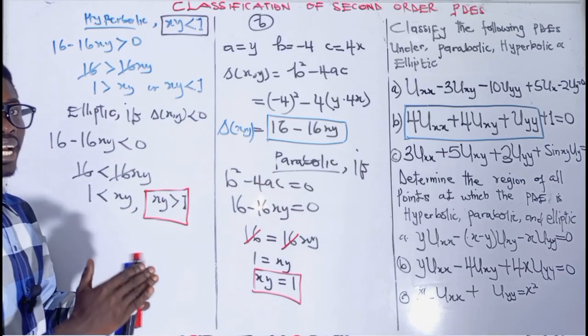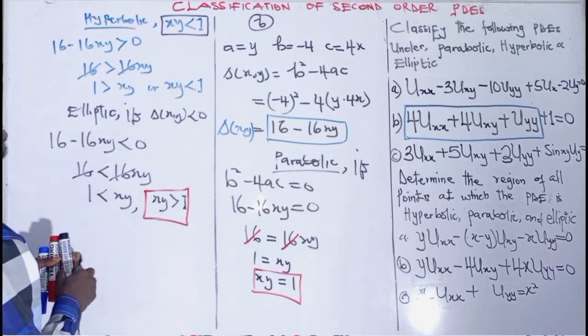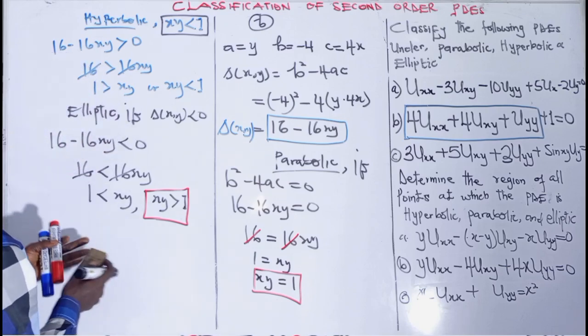So we are going to draw our x and y plane, our Cartesian plane. Let me write the elliptic somewhere.